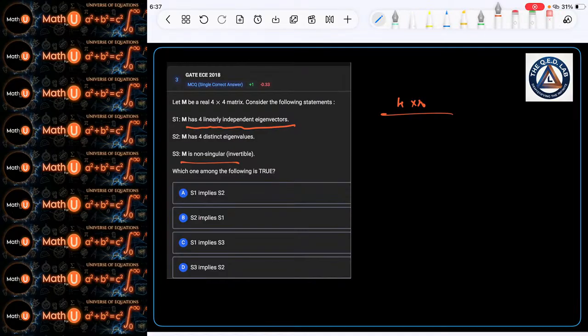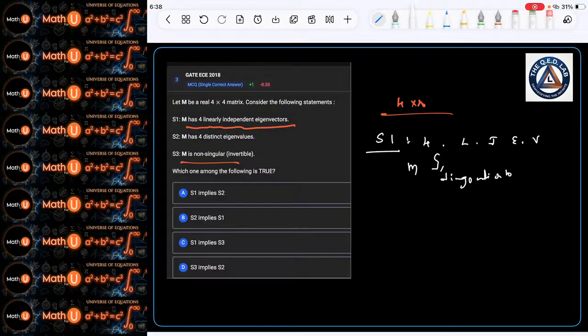Okay, for the 4 by 4 matrix, you should remember the first statement. M has 4 linearly independent eigenvectors, which means the matrix M is definitely diagonalizable. If it is diagonalizable, we cannot say that the eigenvalues are distinct.